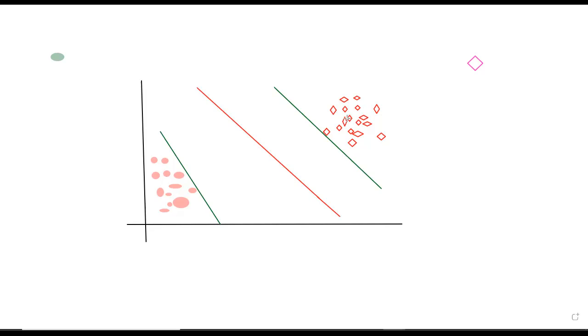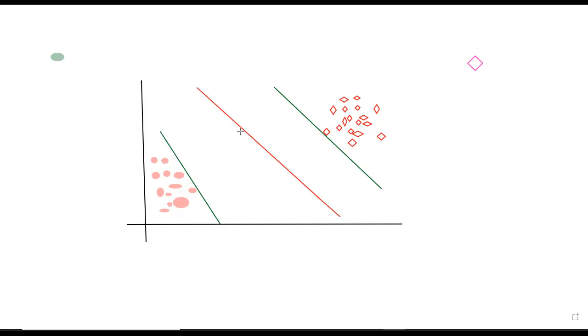Then it might be possible that based on the distance calculation, it will come either on this line or on this line. That's why we created this additional line, so that any new data point that comes will be classified in this range only.